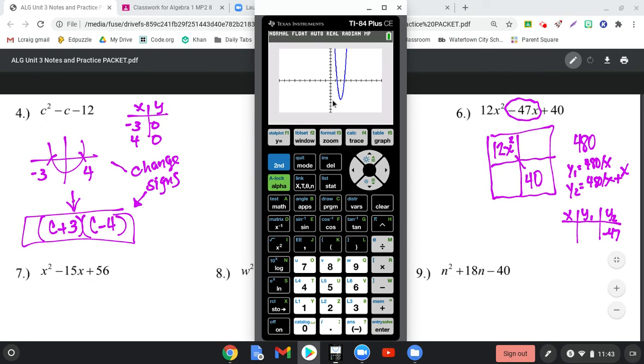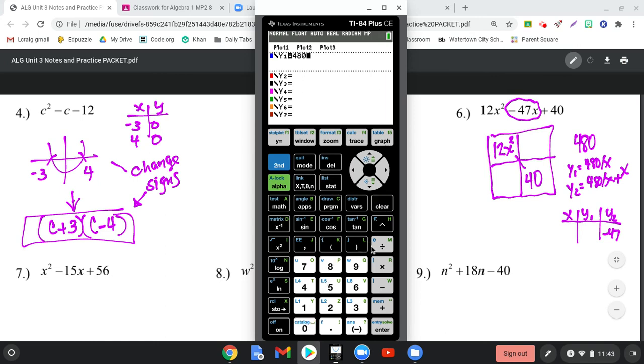So if we can't use the graphing shortcut, we go to y equals anyways. We had multiplied our first and last term, 12 times 40. And then, oops, we already did it. 480.